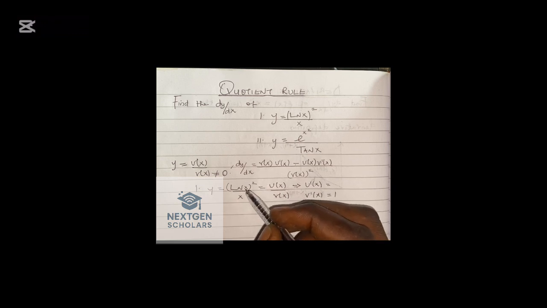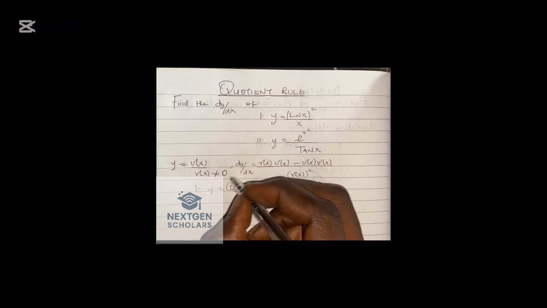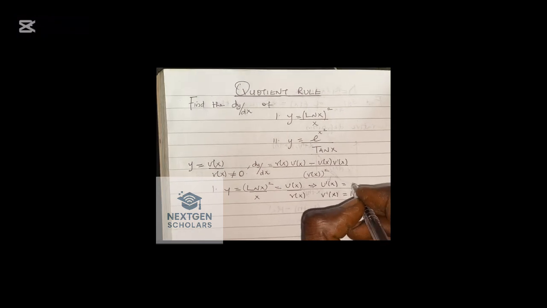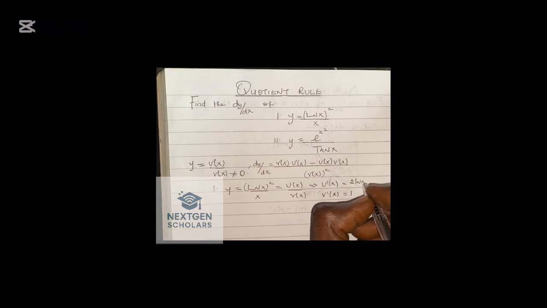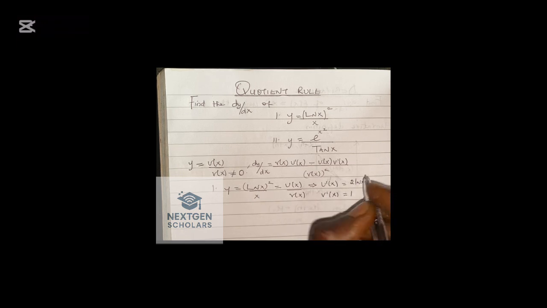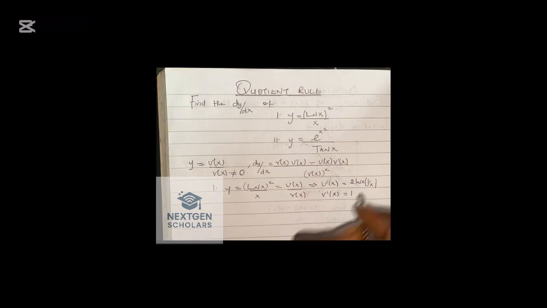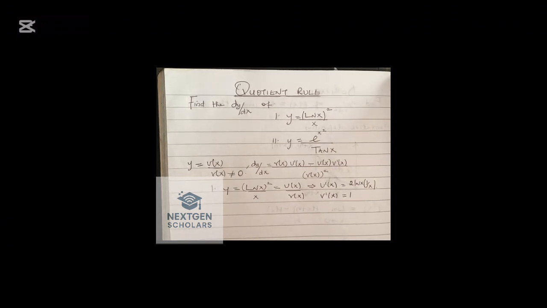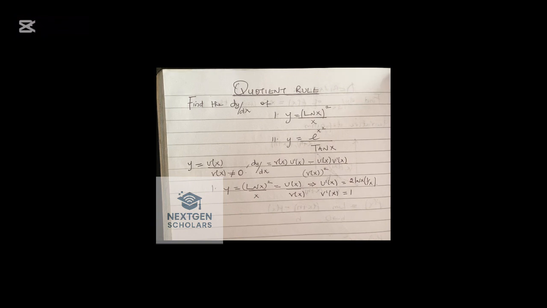By the power rule, the 2 comes down to multiply, so we have 2 ln x into the derivative of ln x, which is 1 all over x.